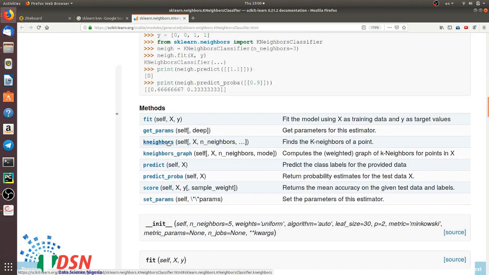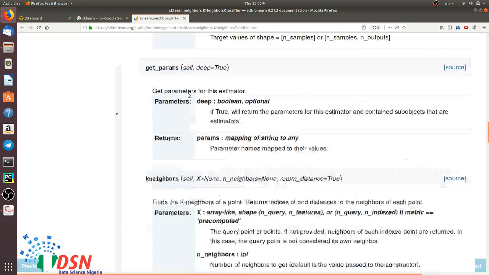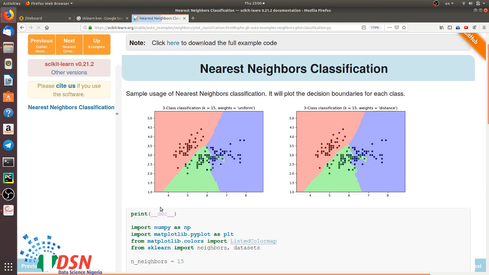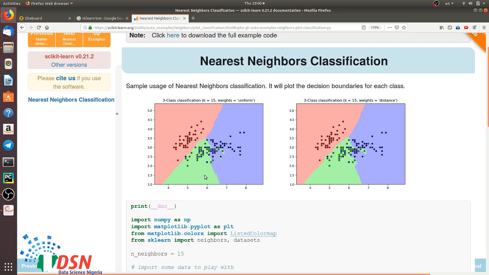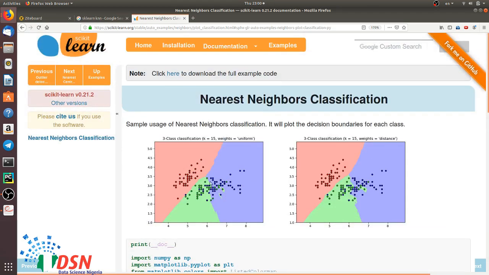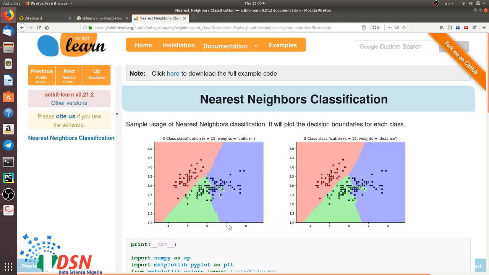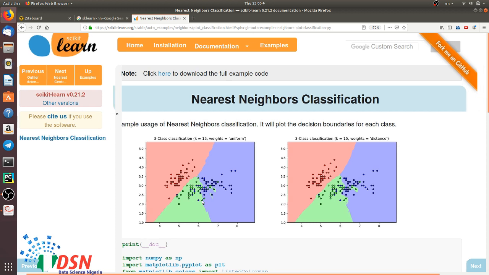Okay, let me check, yeah, this is good for seeing the decision boundary of nearest neighbor classification. In here you could actually see the decision boundary of nearest neighbor. Okay, so it is a pretty good classifier, and also a simple classifier that you could use.